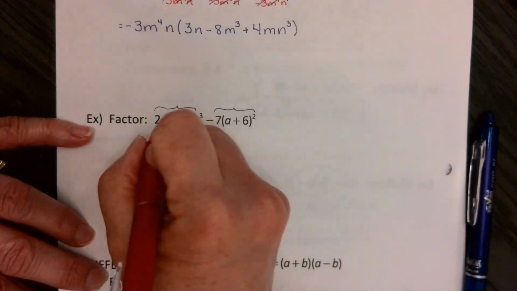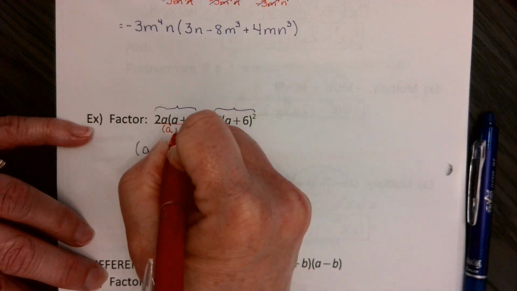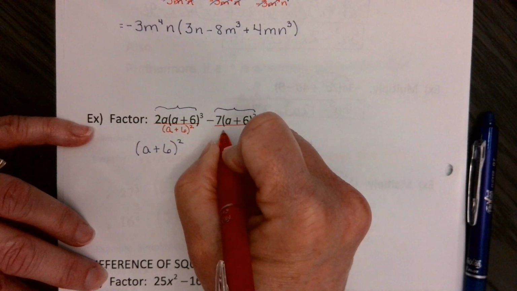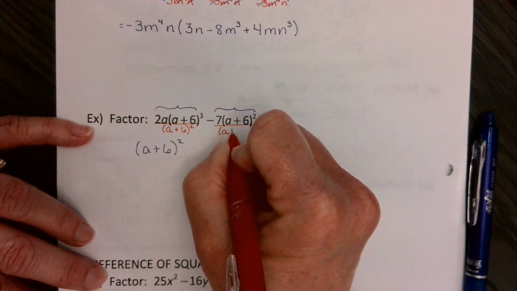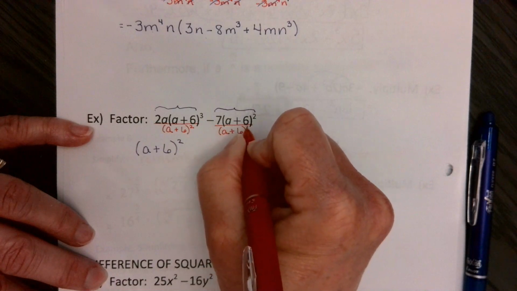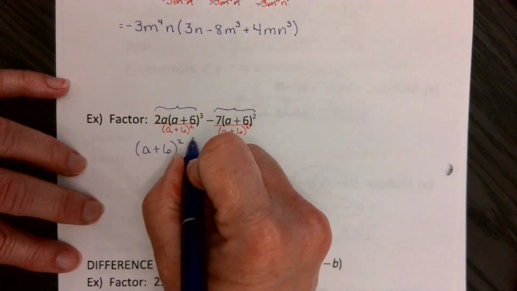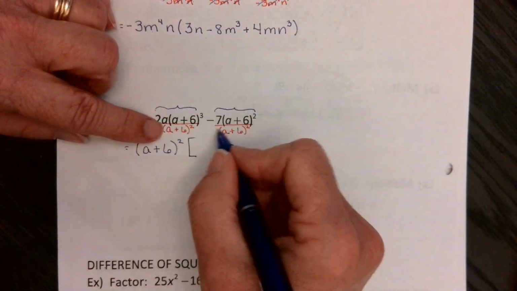Now, what you are doing is you're actually dividing both of these by our common factor. I'm pulling 2 of these out.